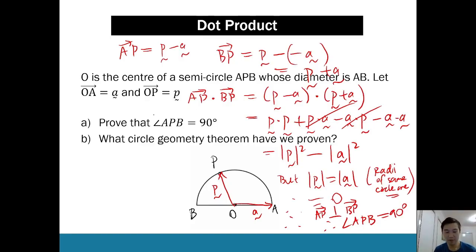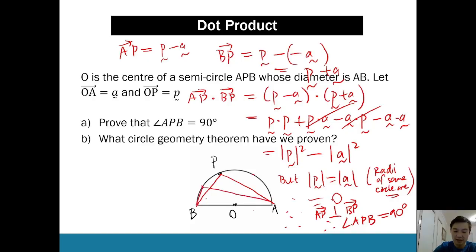So for part B, they ask what circle geometry theorem have we proven? Basically, P is just any point here. It's saying that in the semicircle, this is 90 degrees, APB. But P could have been any point on the semicircle.